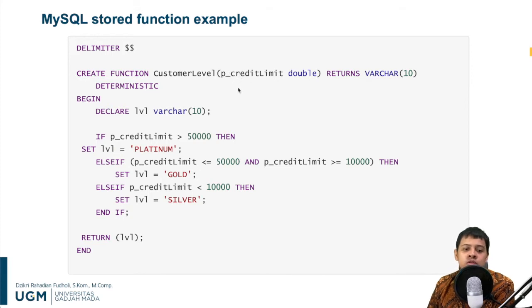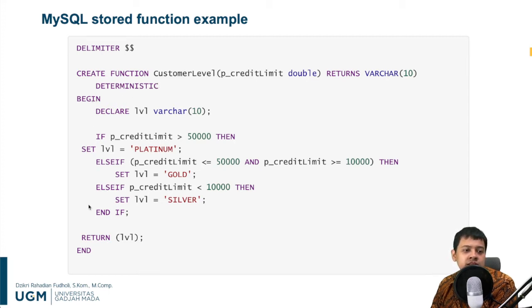This is a good naming habit. The data type of the parameter is DOUBLE. It returns a VARCHAR with the length of 10. This is a deterministic function, and we'll see why.